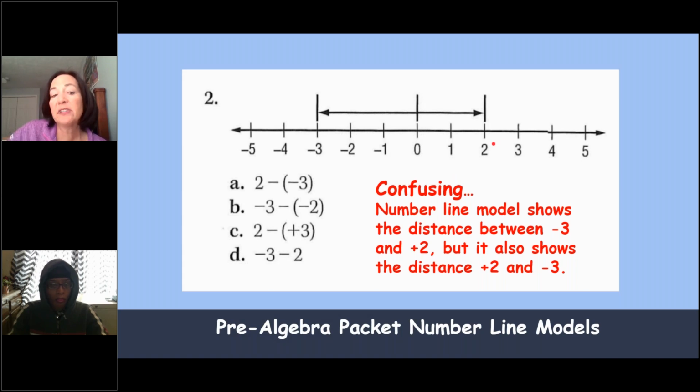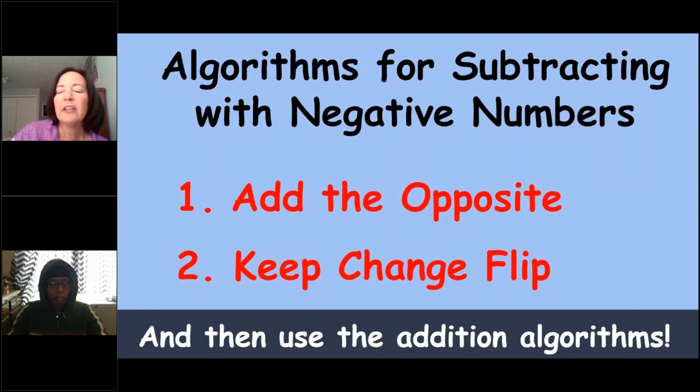It could represent the difference, like +2 minus a -3, but it also is showing the difference between -3 and +2. So if you actually have that packet and you're going through those, just be careful on those.